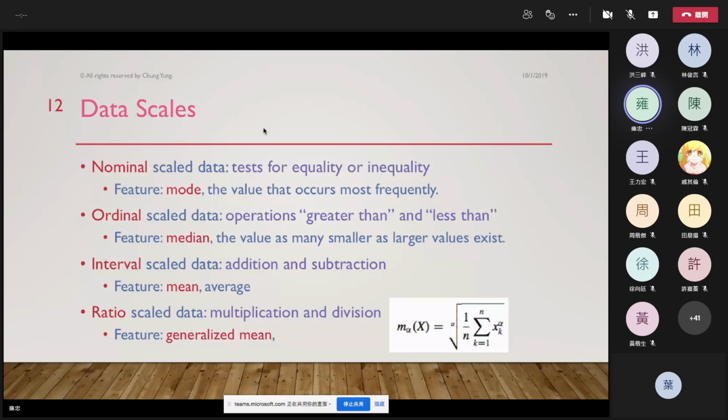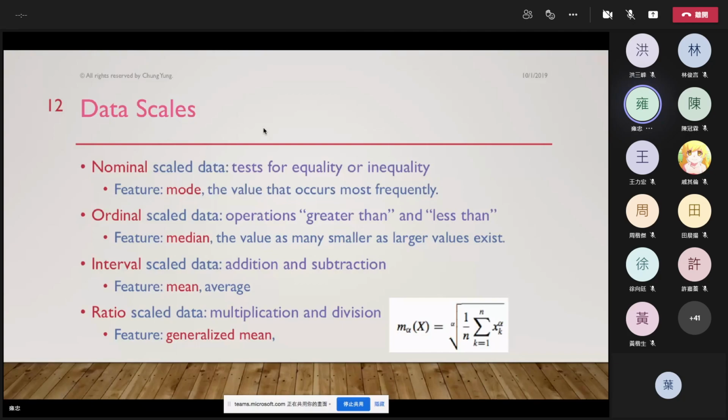So for ratio scale data, we can use the generalized mean as a feature. The formula to compute the generalized mean is a small figure I included in this page.